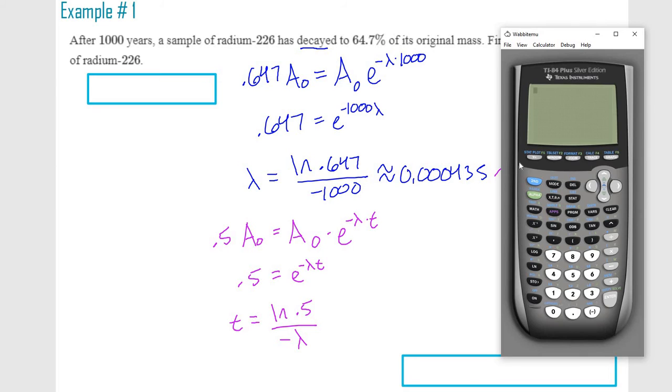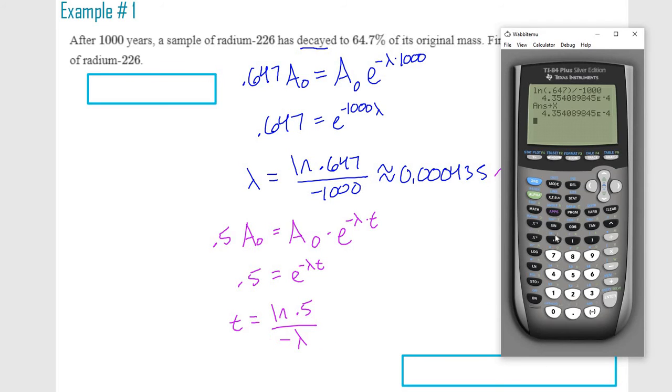So what I mean by that, we're going to do the natural log of 0.647, divided by negative 1,000. To store that, I'm going to hit the STO arrow button. So it takes my answer and stores it. And then I'm going to do alpha, pick a variable. I'm going to pick x, so I'm going to do alpha store. So x is now my lambda.